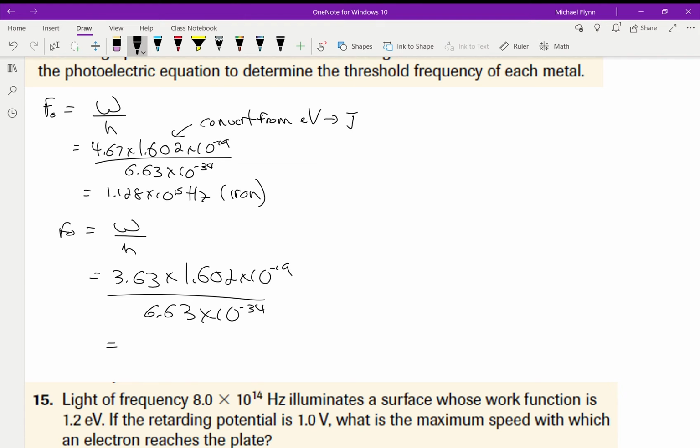And what do I get? I get 8.77 times 10 to the 14 hertz.